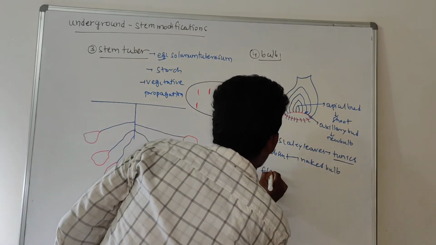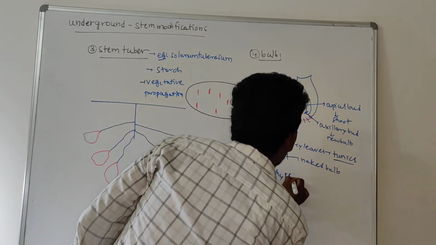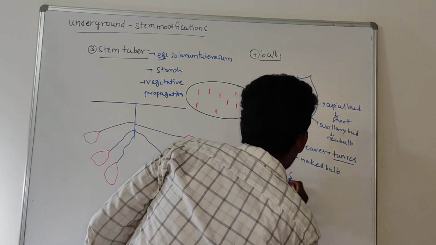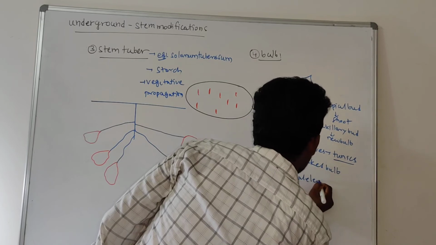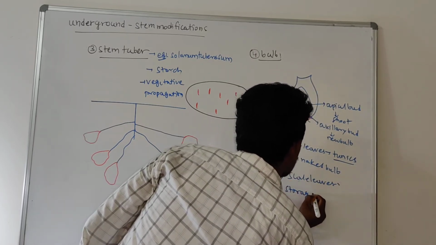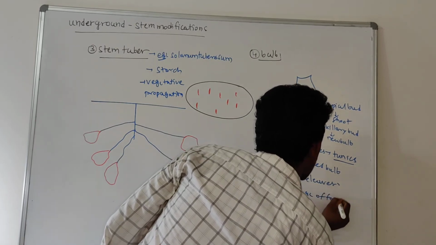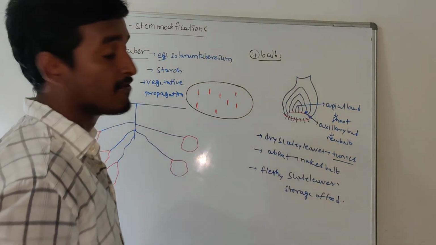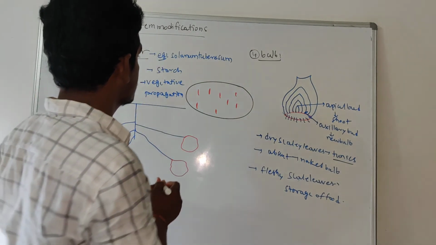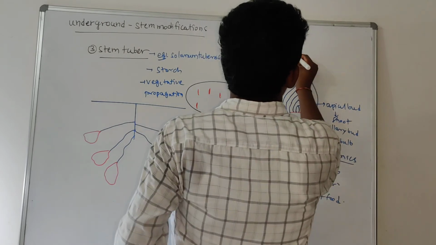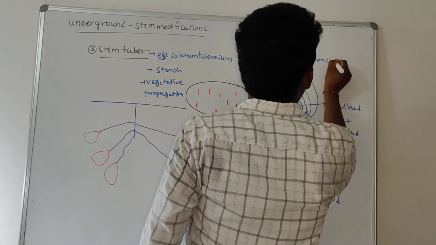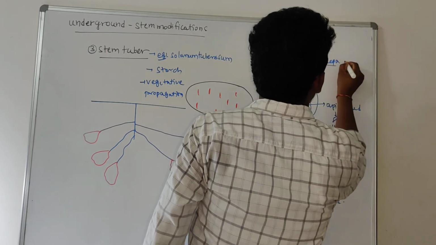So that is about bulb. An example for this one is Allium cepa, onion.